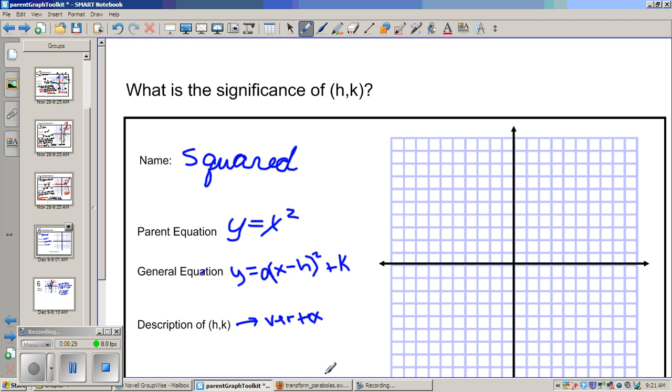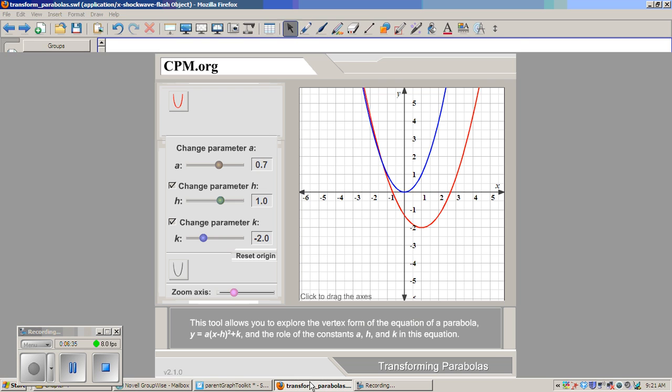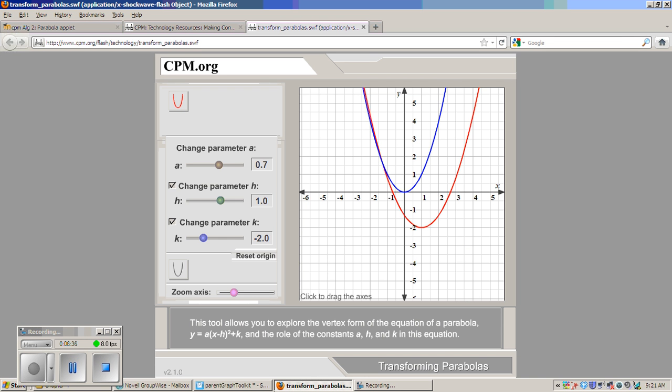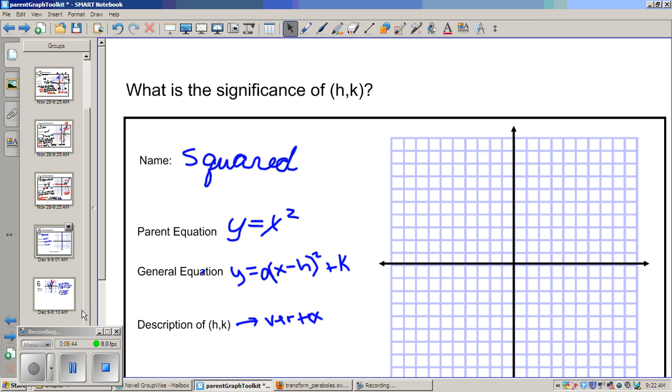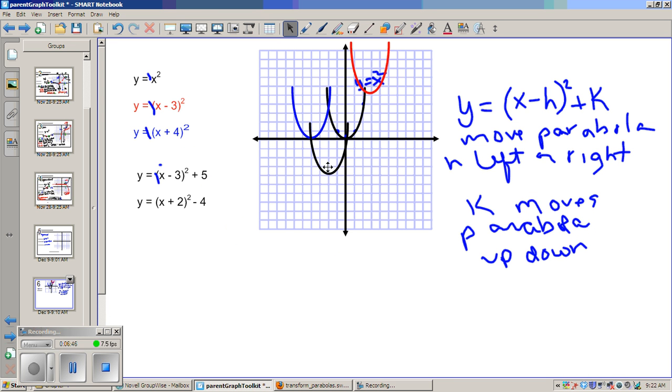And then also, you can say some things about the domain and range. For example, if you look back at the pictures we drew, you can see that you have a line of symmetry at x equals h in every single case. Like h here was 3, and so I have a line of symmetry at x equals 3.